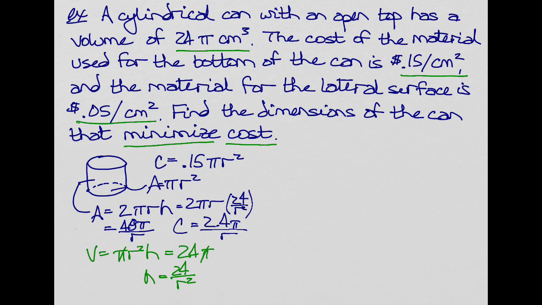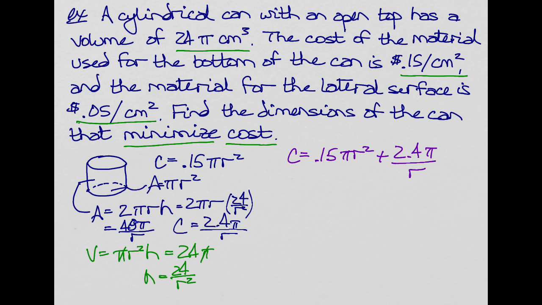So I think I have all the pieces now, and we can put this together and come up with a function for the cost, which after all is what we're trying to minimize. So the cost is the cost of the bottom plus the cost of the lateral surface. And there's what I want to minimize.